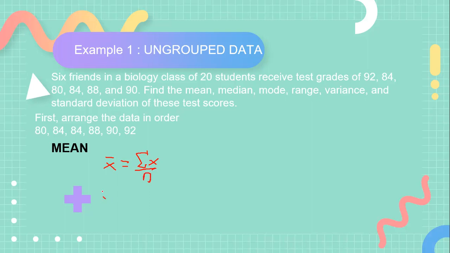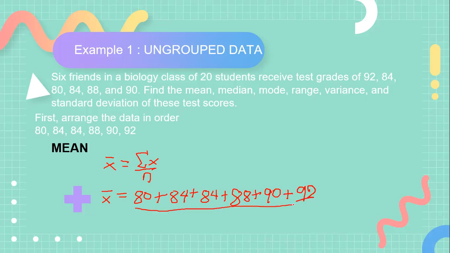So, x bar is equal to 80 plus 84 plus 84 plus 88 plus 90 plus 92, over what, class? What do we divide by?